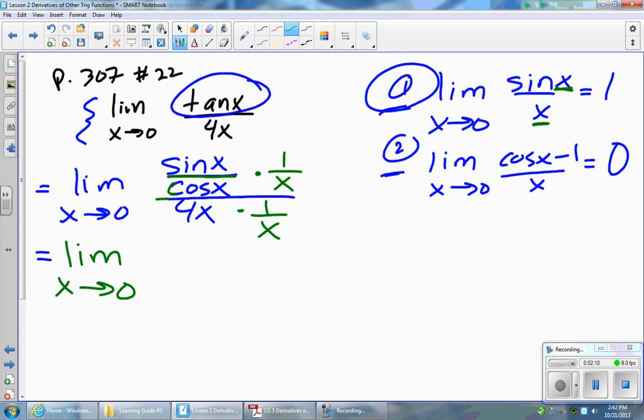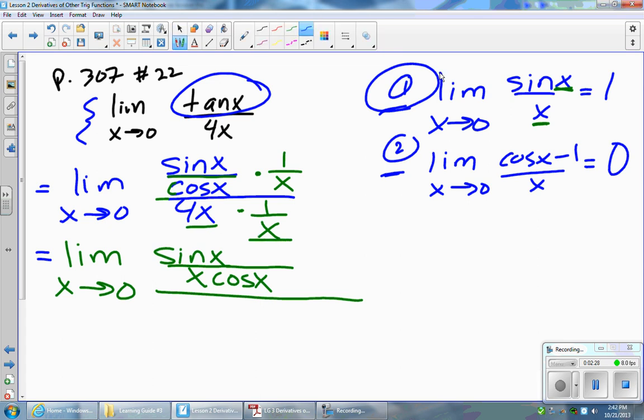So we're going to combine these two and have sine x over x, but we still have that cos x on the bottom. That's not going anywhere. And on the bottom, we have 4x times 1 over x. If I simplify that, 4x over 1 times 1 over x, these cancel out, so I'm going to have a 4 on the bottom.